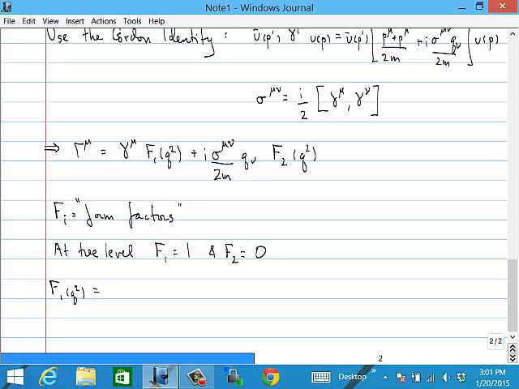Well, let's remember how f1 would appear in an interaction. At tree level, the interaction vertex is the electron charge times gamma mu. So if you have the electron charge times gamma mu times some function of q squared, then that function of q squared could be interpreted as a correction to the electron charge.